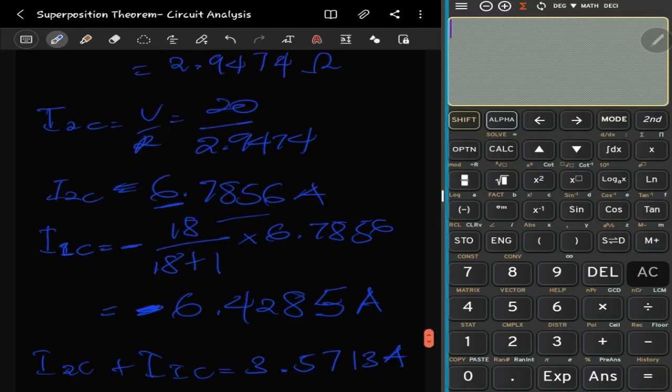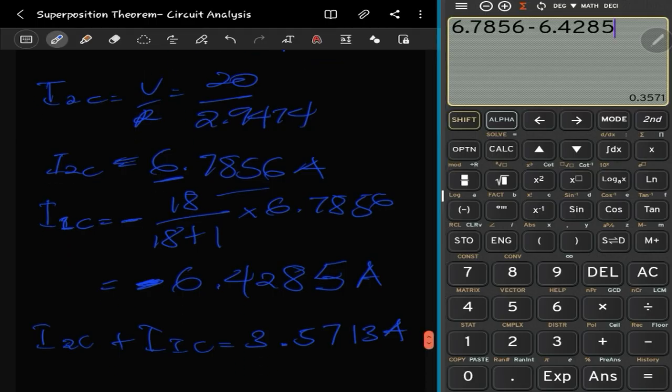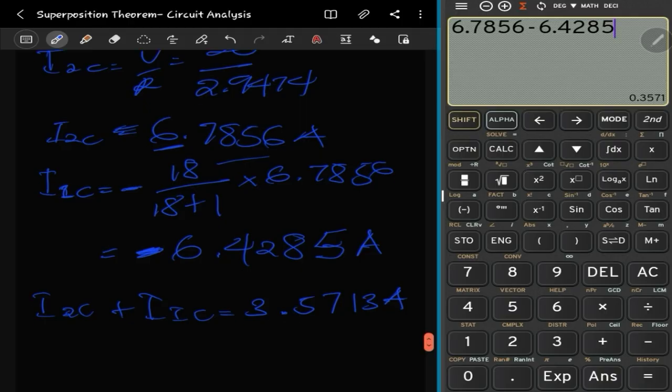Let's try and add this up. So that's 6.7856, right? Minus 6.4285, right? Yeah, this is how it should be, because we added these two.